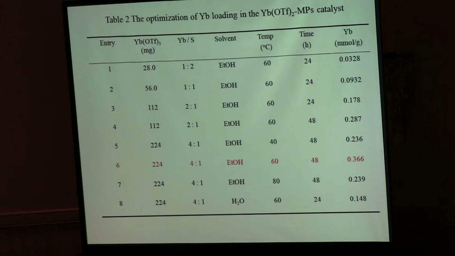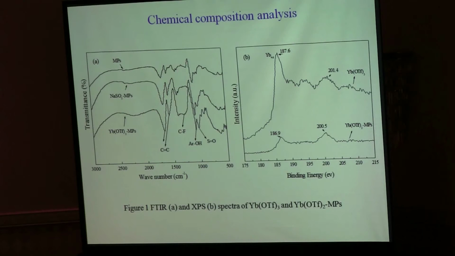After that, we needed to optimize the metal, Yb, the active site, to get a very high active site content. We also did chemical composition analysis using XPS, and demonstrated the Lewis acid is inside our support.